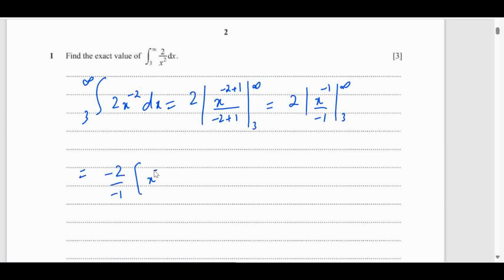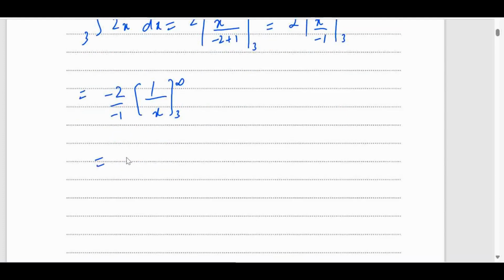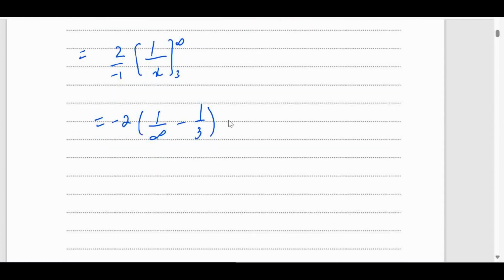Let me change it this way, that 1 over x power 1. Now upper limit minus lower limit, so this will be 2 into, not 2 here, this will be minus 2 into upper limit infinity and lower limit 3.